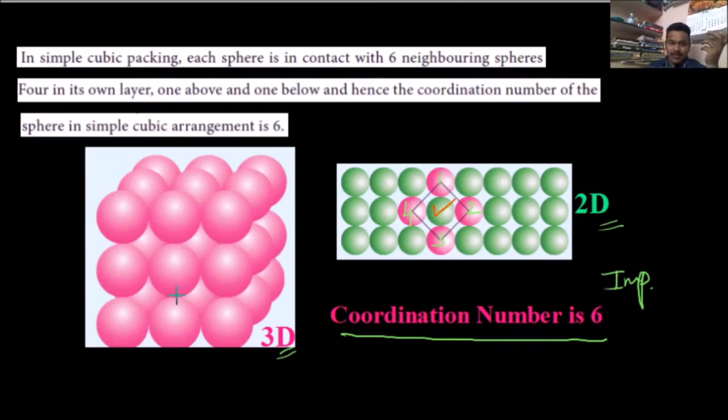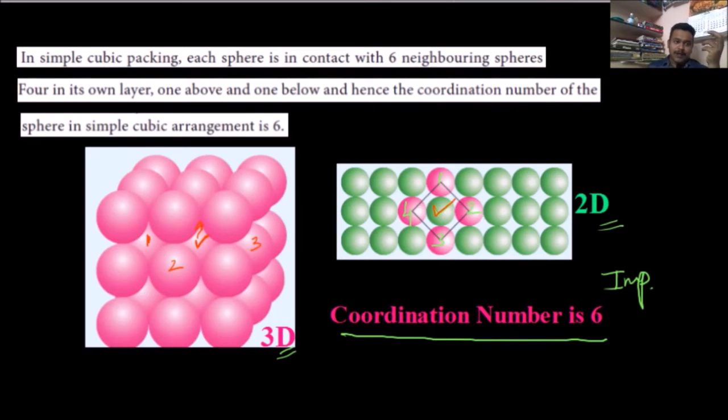Three layers are there. I will choose this one, and I have to show the coordination number of this one. In two dimensions, in one layer, see who are all in touch with it. This is 1, this is 2, this is 3, and the back side 4 is there.